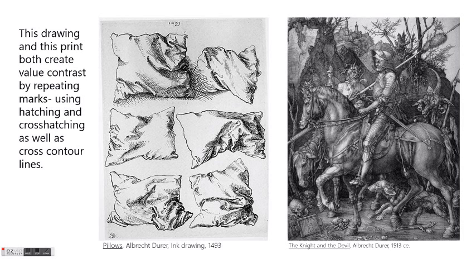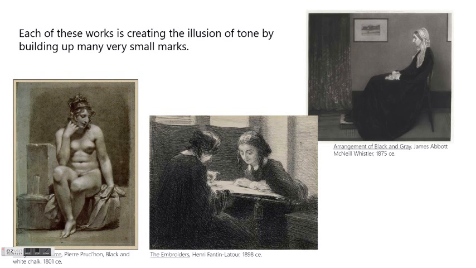And then if we go all the way to the print by Durer, you can really see that the tone is made up of very, very small marks, but it really does feel like tone. So it is still a form of hatching and cross-hatching, and lots of those lines are very much based off of cross-contour, but they're so small and so compressed together that they really feel more like tone than anything else, which leads to this page.